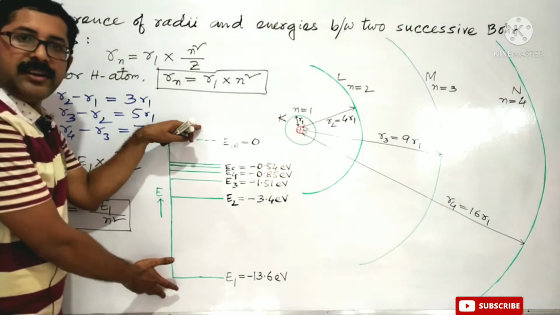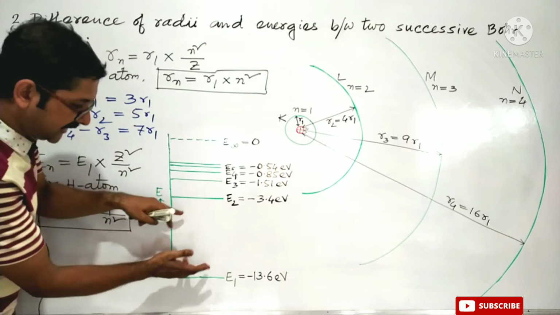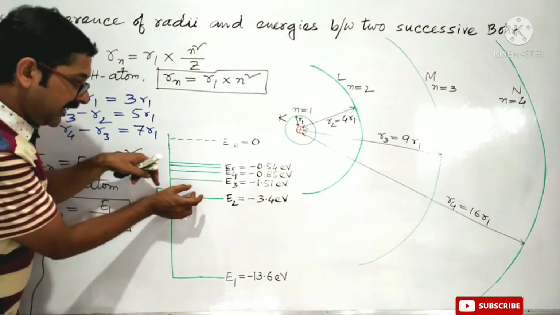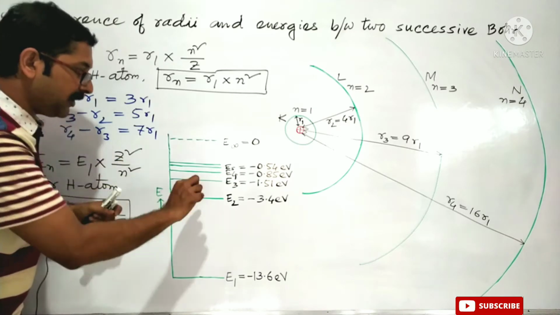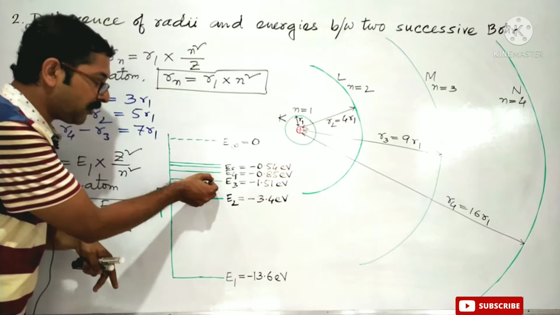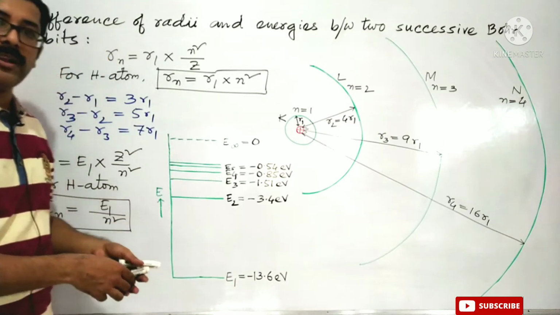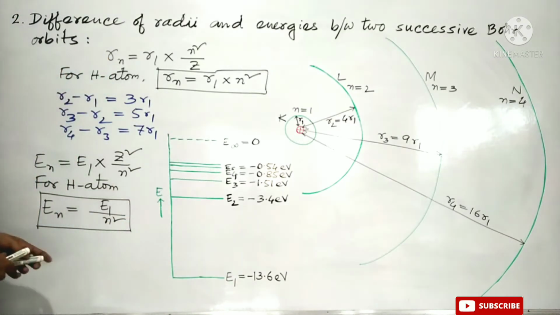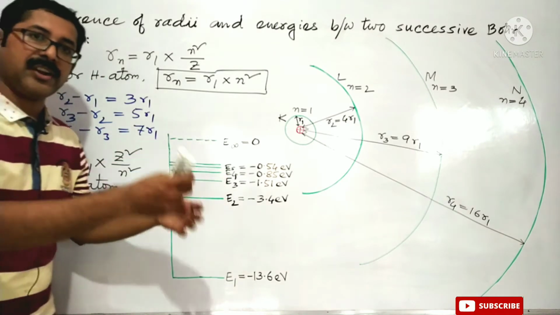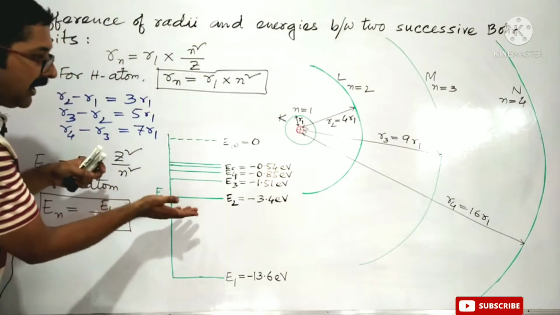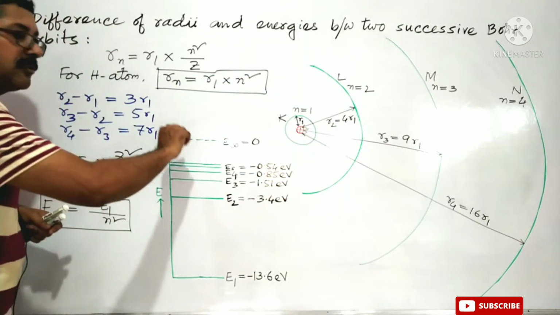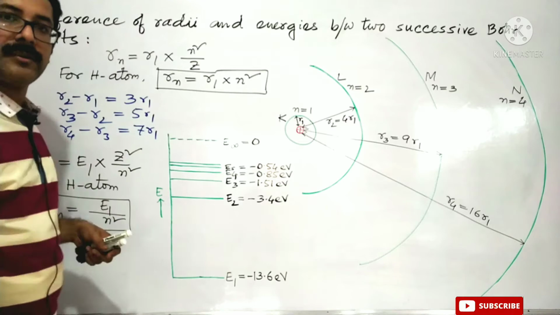From this arrangement, we can say that the energy gap between E2 and E1 is very large, the energy gap between E3 and E2 is relatively smaller, and the energy gap between E4 and E3 is smaller still. As we go to the outer orbits, the energy difference becomes smaller and smaller.